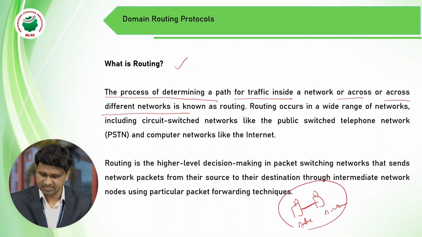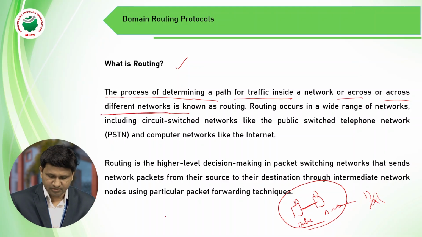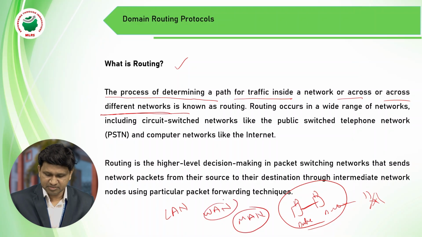Suppose this is a network connected to some stations. Determining a path for traffic inside a network or across different networks is known as routing. As a crude example, this is a LAN, this is a WAN and this is a MAN. Information may be exchanged from LAN to MAN to WAN, or WAN to MAN to LAN.